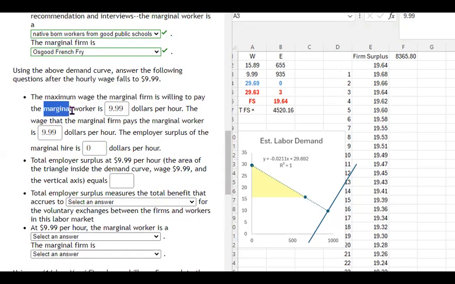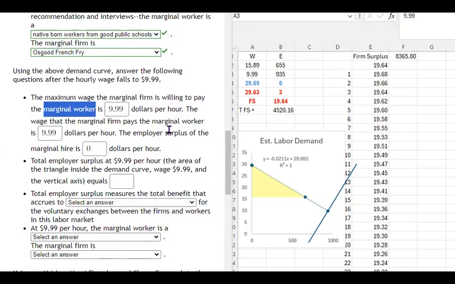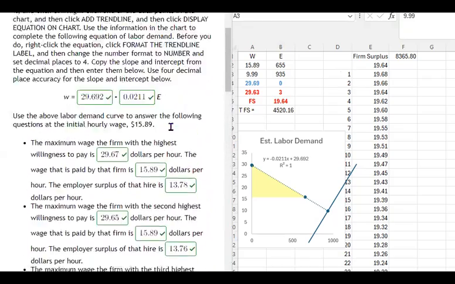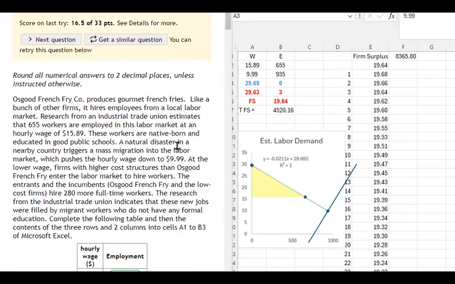So we know who the marginal worker is. Who's the marginal firm now? Remember, before the migration, Osgood French Fry Company, a large low-cost firm that produces gourmet French fries, was previously the marginal firm.